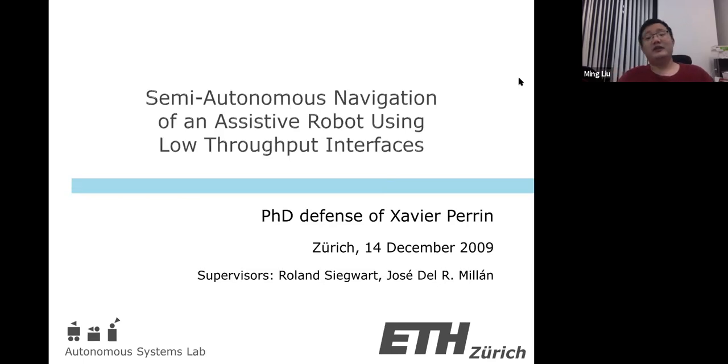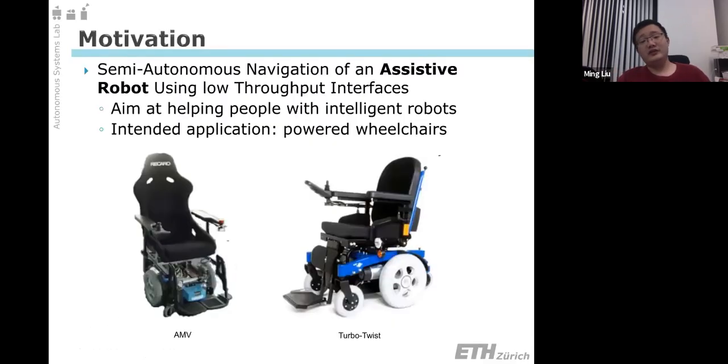Another example is the use of BMI. BMI means brain-machine interface. Brain-machine interface nowadays is still quite a hot research topic. This is work I helped with about navigation back in 2008.